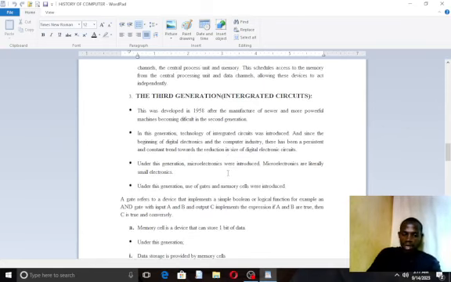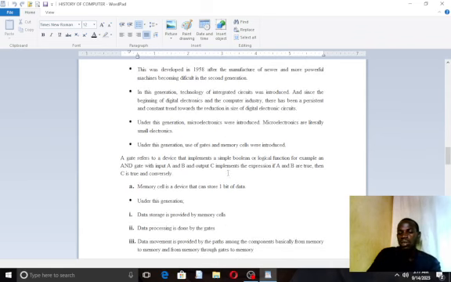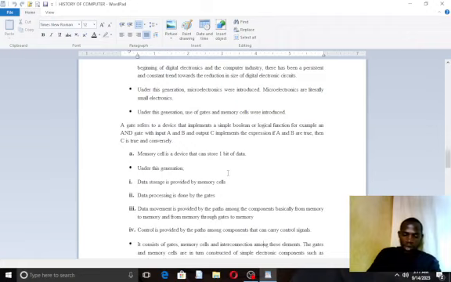A memory cell is a device that can store 1 bit of data. Under this generation, data storage is provided by memory cells. Data processing is done by the gates. Data movement is provided by the paths among the components, basically from memory to memory and from memory through gates to memory.